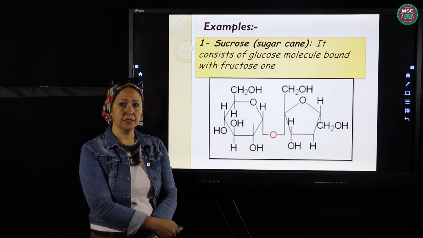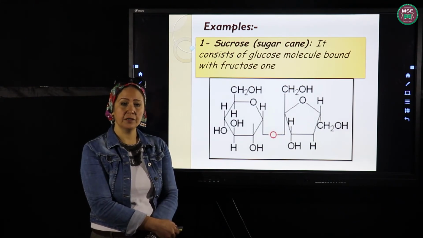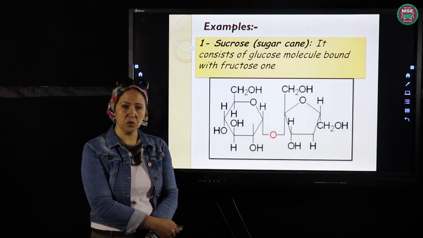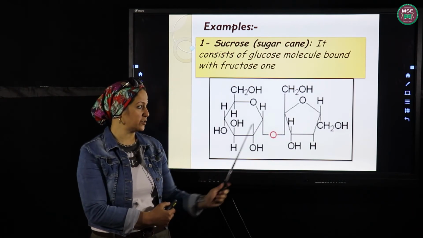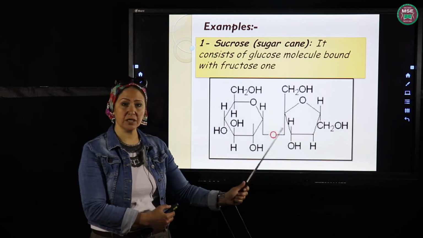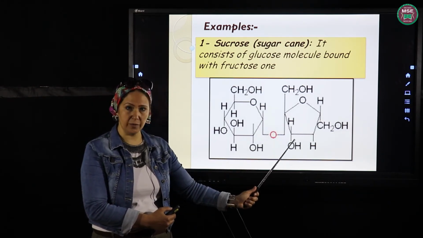This structure shows the structure of sucrose, a glucose molecule bound with a fructose molecule.